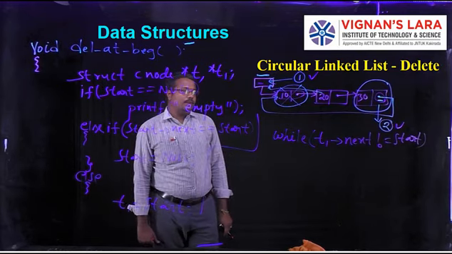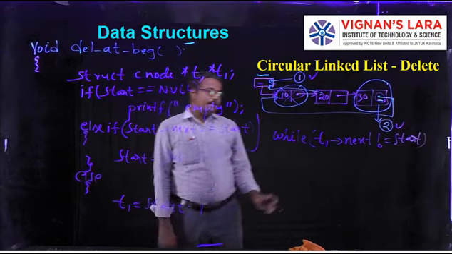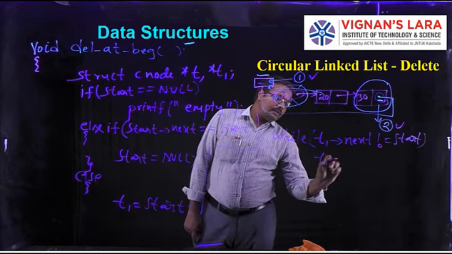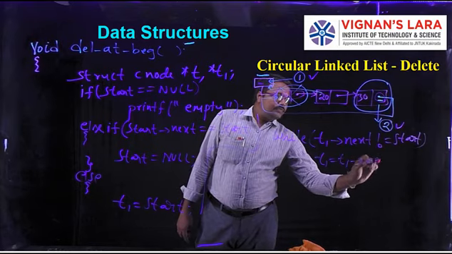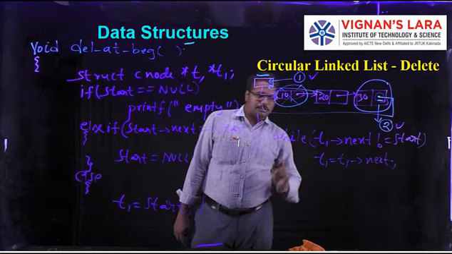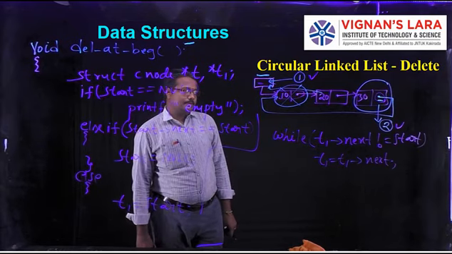So when the T1 of next not equal to start, at the time we need to travel in the linked list. So for the traveling case, T1 is equal to T1 of next.